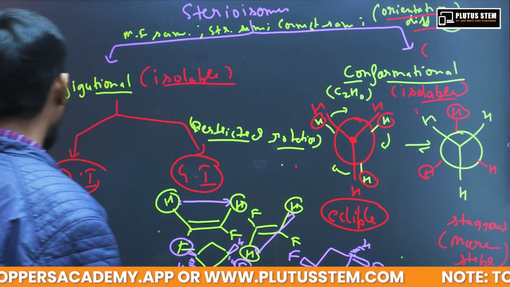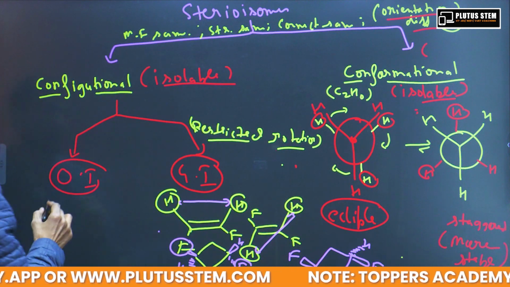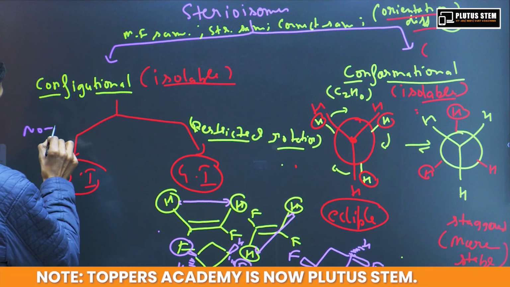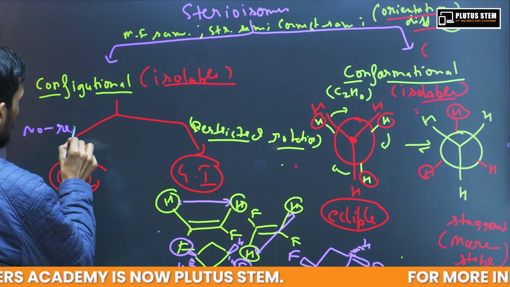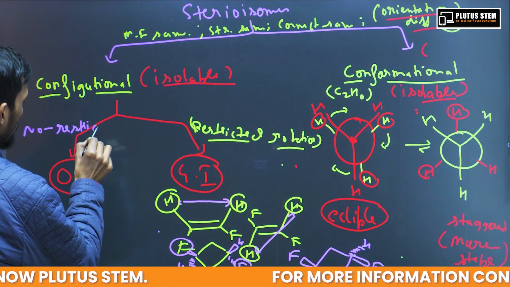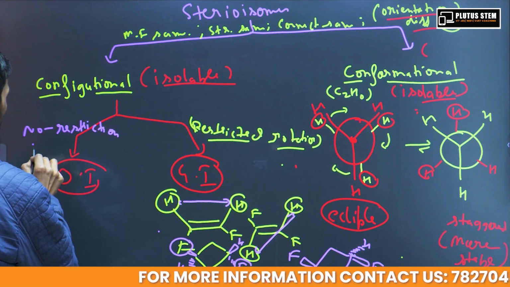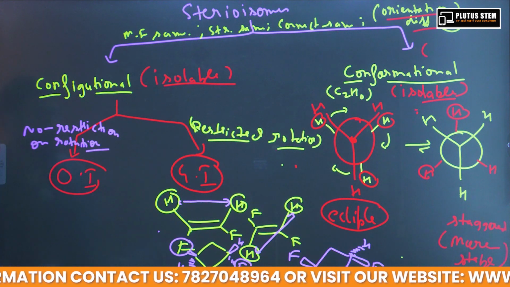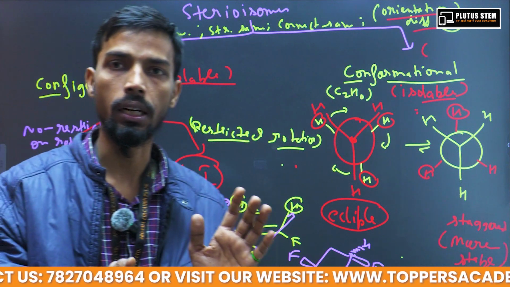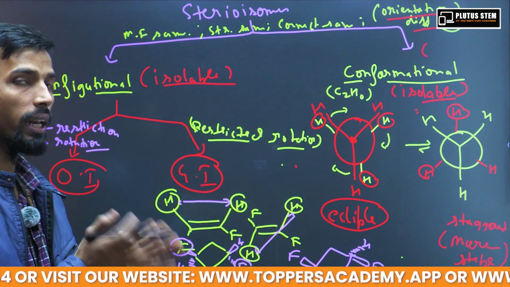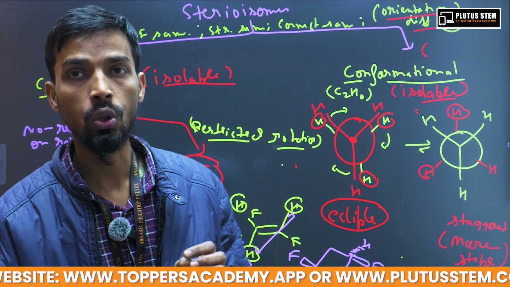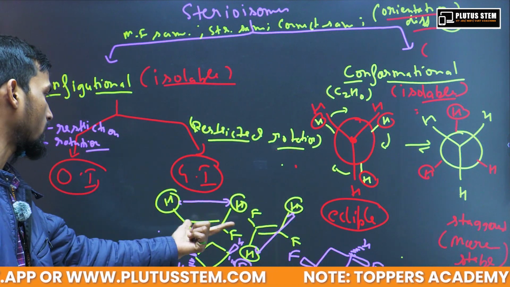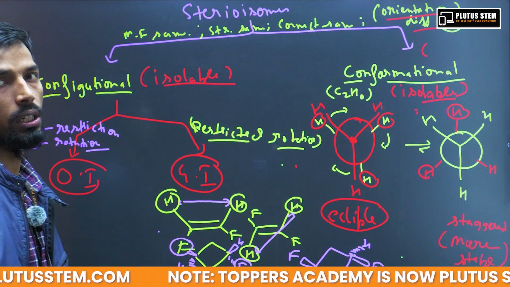And regarding optical isomers, these are shown when there is no restricted rotation. So these compounds can rotate around their axis. Here the restricted rotation is there; here there is no restricted rotation.